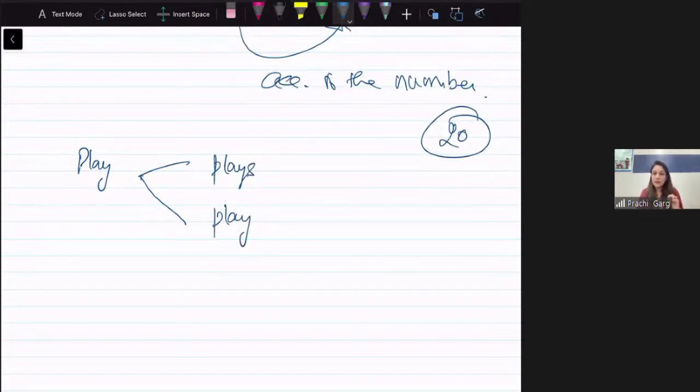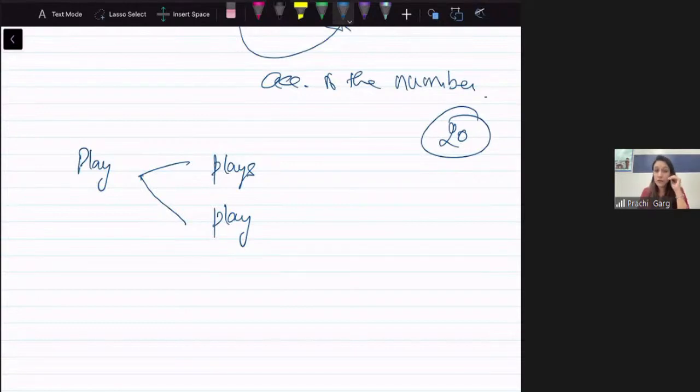Out of these two, one is used with a singular subject and one is used with a plural subject. Can you tell me which form of verb is used with which subject? Is play used with the singular subject or plural subject? Is plays used with a singular subject or plural subject?